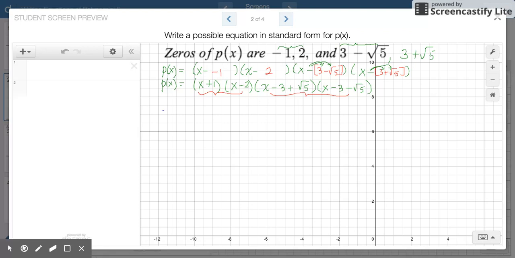So let's find the product here. On the top, we'll put x plus 1. On the side, x minus 2.